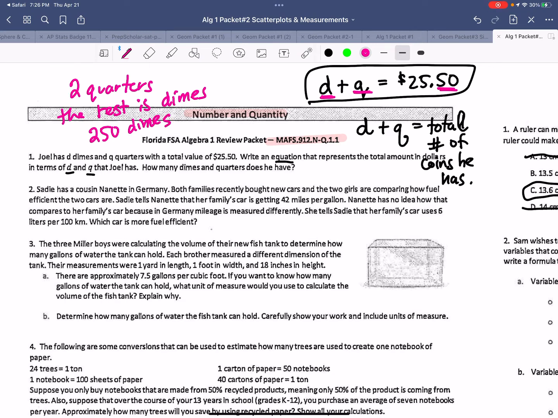So in total, he'd have 250 dimes plus 2 quarters. So that's a total of 252 coins. Now, they don't say actually solve it. They're just saying, how would you put together an equation to depict what's being described?